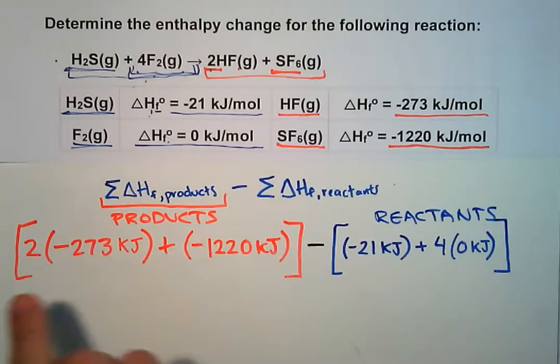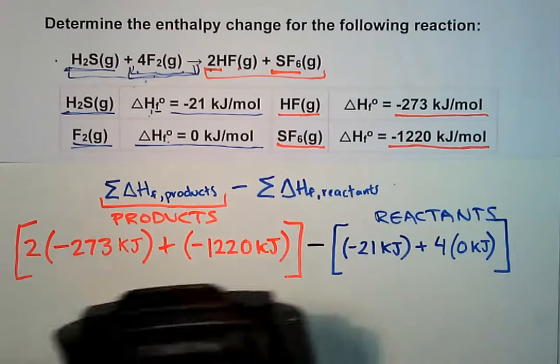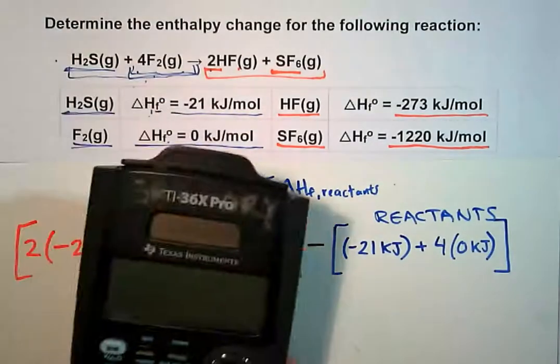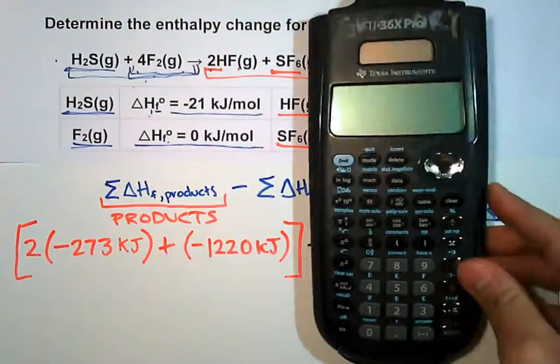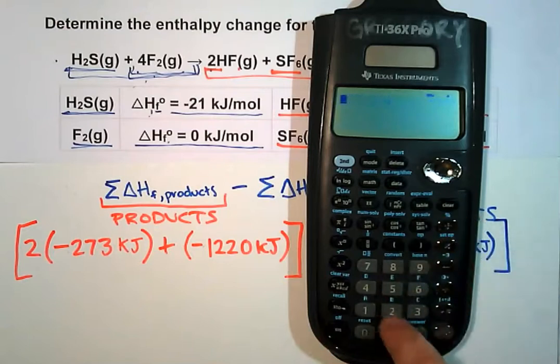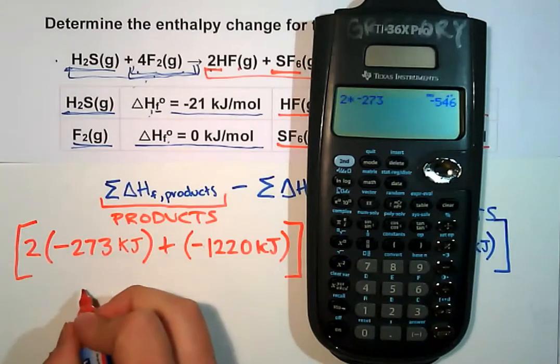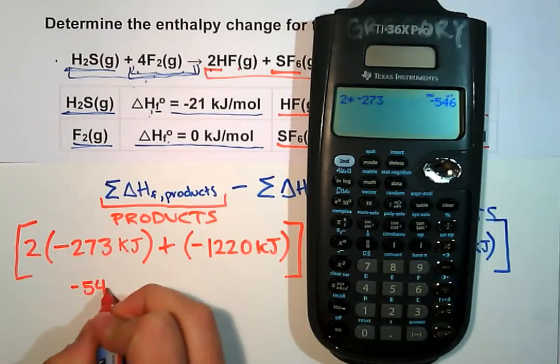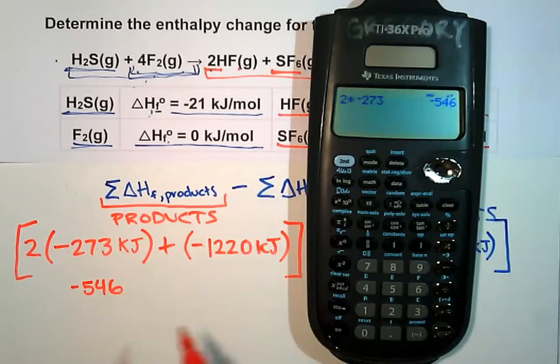So I'm going to go ahead and combine some of these terms and make sure that we're doing all of our math properly here. So let's put the calculator here. Let's go ahead and do 2 times negative 273, which gives us negative 546. Okay, and I'm going to leave off my units here. I know my final units will be kilojoules.